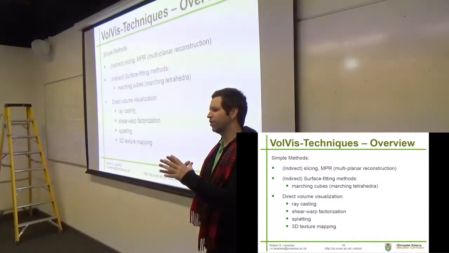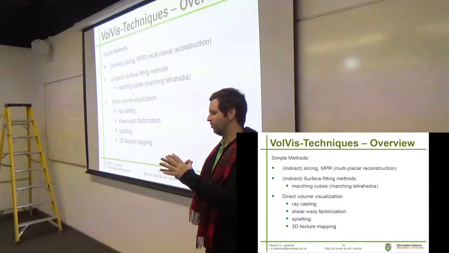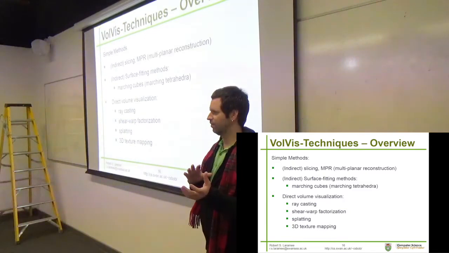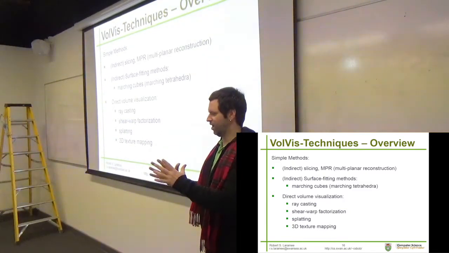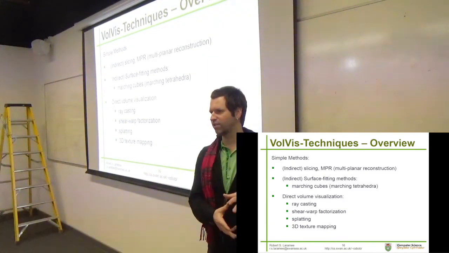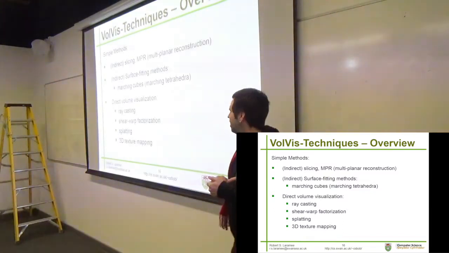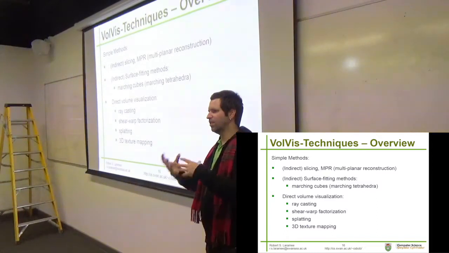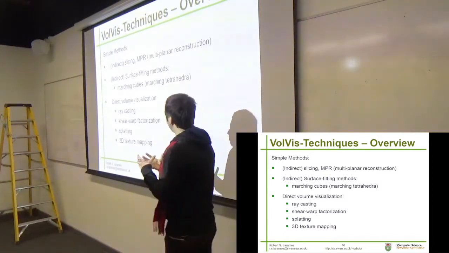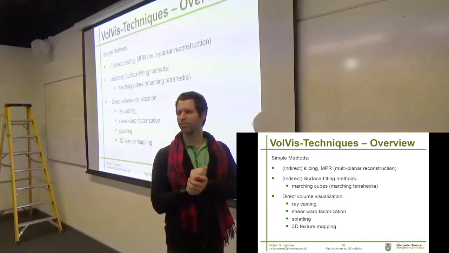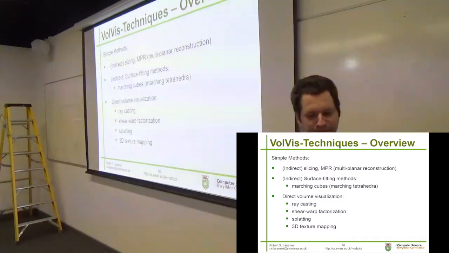There's no conversion process of the sampled data to surfaces. It's taking that data and projecting it directly to the 2D space without conversions in any way. And there are different kinds of direct volume visualizations that we're going to talk about.